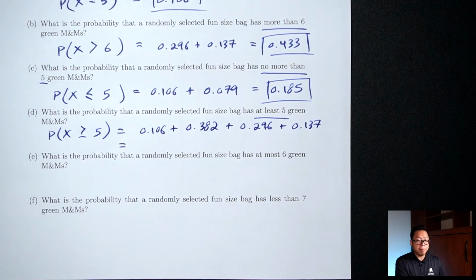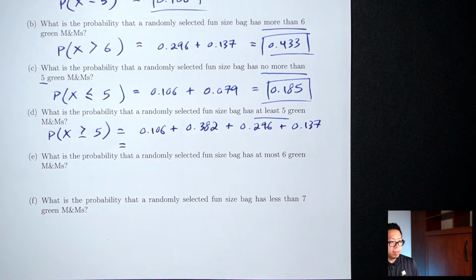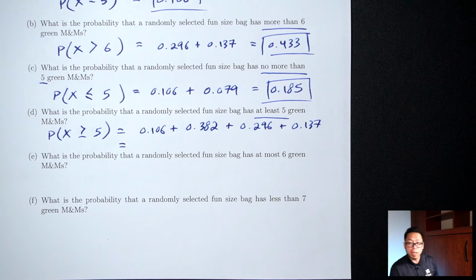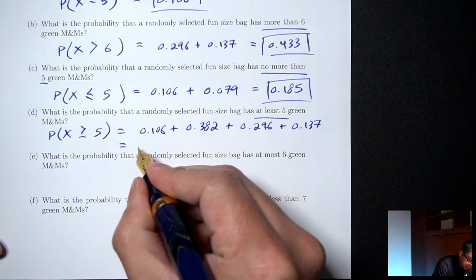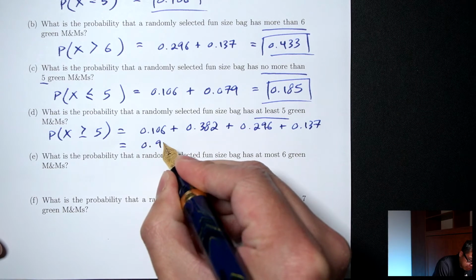Okay, add those up. 0.106 plus 0.382 plus 0.296 plus 0.137, 0.921.